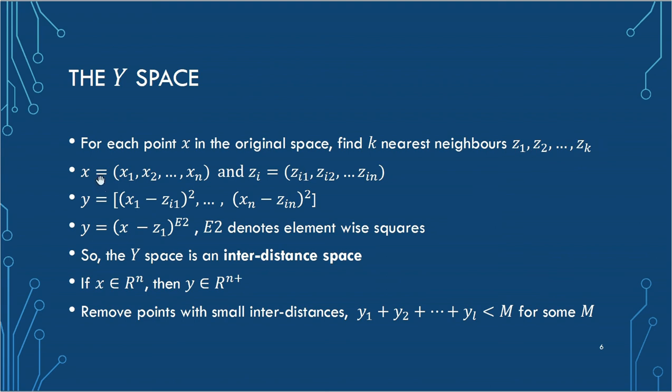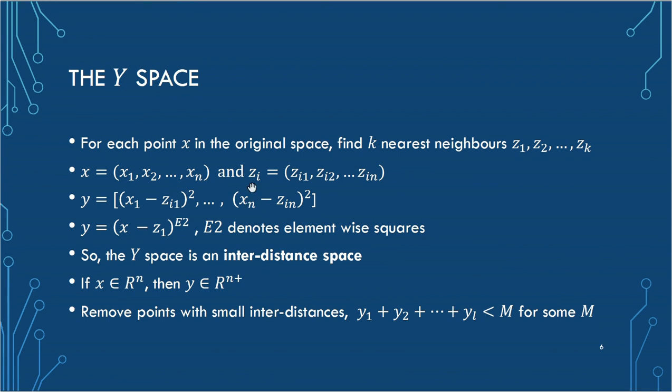And if the coordinates of X are X1 to Xn, and the coordinates of Zi are Zi1 to Zin, then we define Y like this. That is (X1 minus Zi1) squared. This is in the first axis: we take the two coordinates, take the difference, and square it.